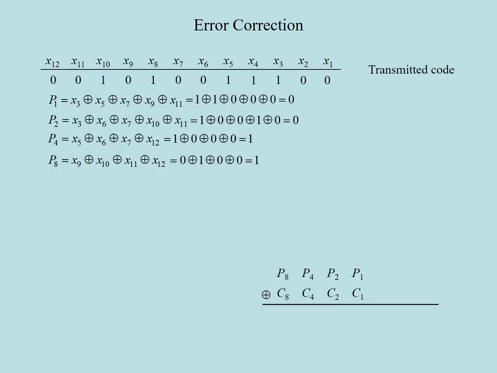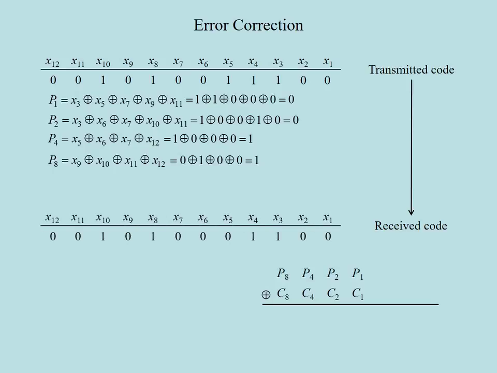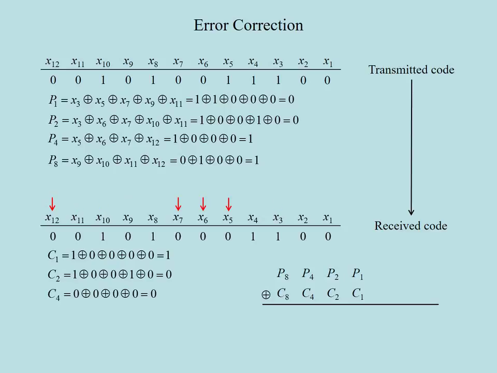To see how an error will be localized, let us rerun this transmission simulation. Again, the receiver side computes the parity bits C1, C2, C4, and C8 from the received message.